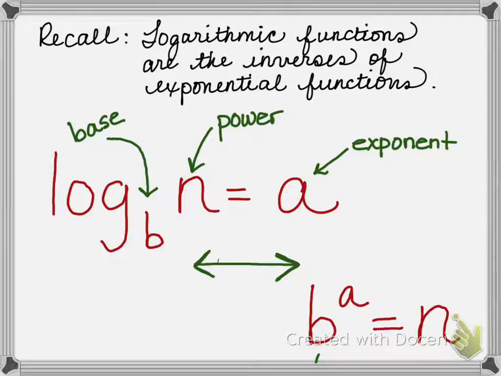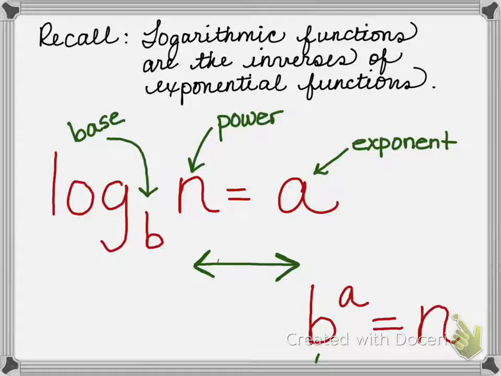So they're inverses of one another. What we're going to do is start manipulating being able to write a log function into an exponential function and vice versa. We need to first cover how to rewrite these based on what you're seeing down below.